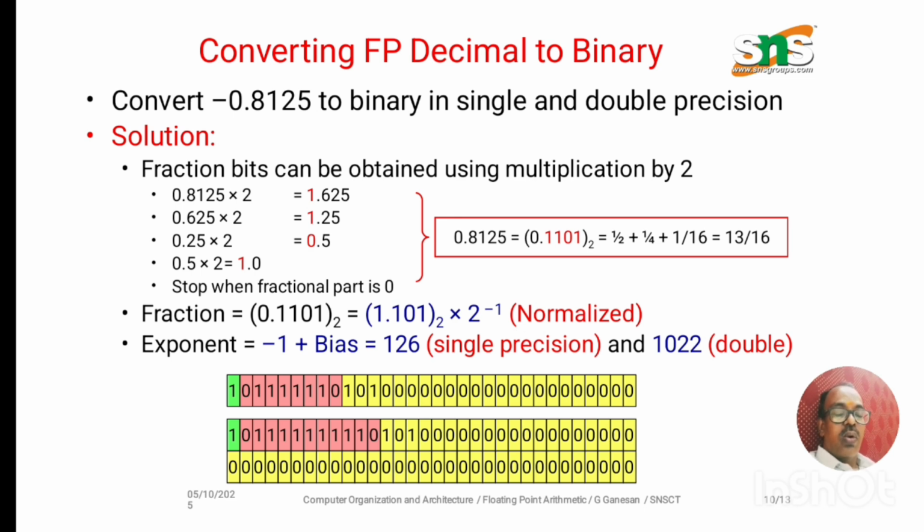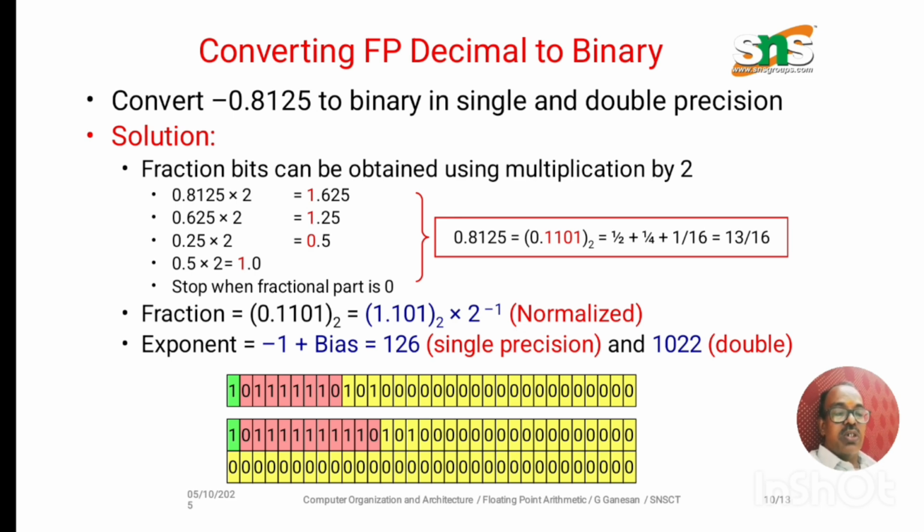So now we have reached the end. That means after the fractional part we get 0. There are no further multiplications. So we write the binary floating point number as 0.1101. Understood?